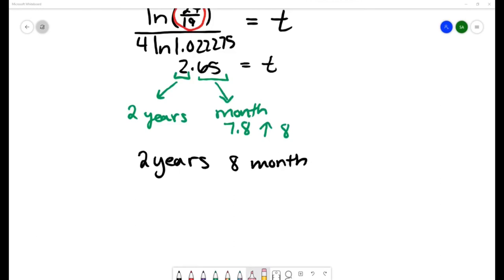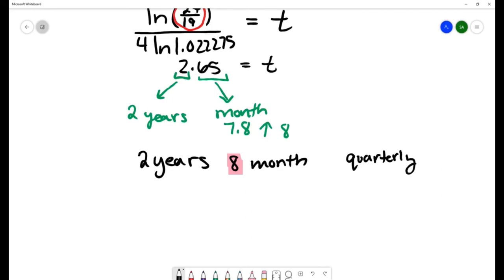So after rereading the directions on this problem, I wanted to come back and modify our answer just a little bit. So if you recall, in the beginning of the problem, it's mentioned that our interest is compounded quarterly. And that's an indication of how often the interest is added into the account.